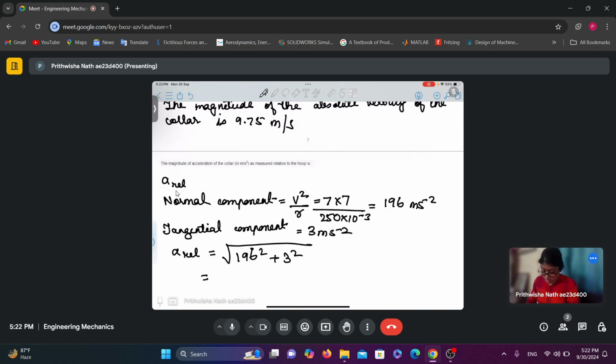This becomes 196.02 meter per second square. This is the answer.